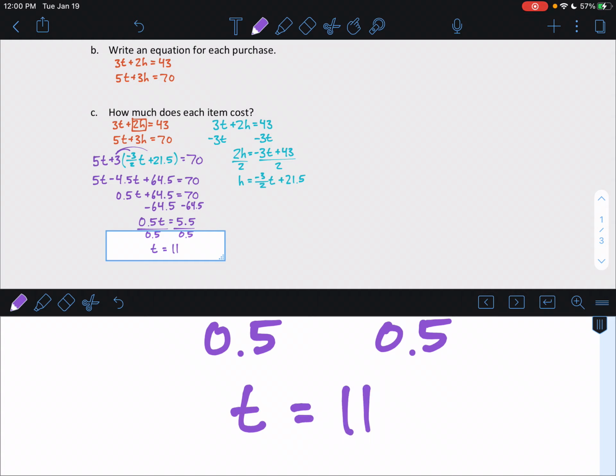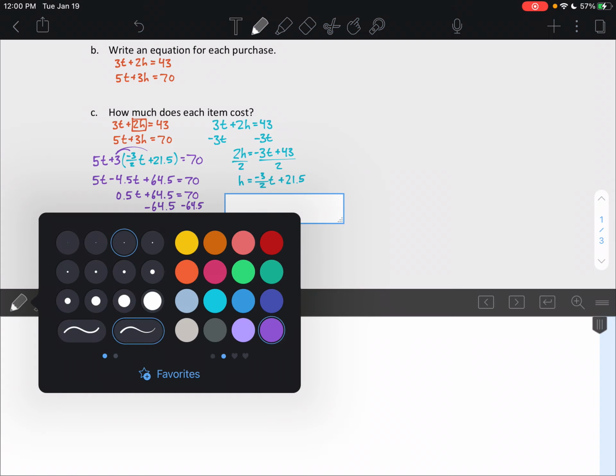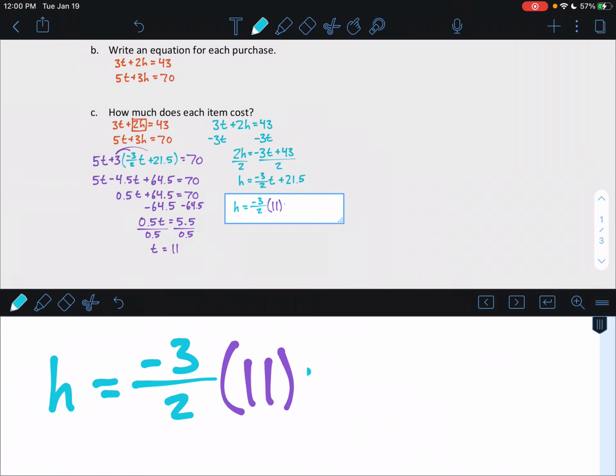So even though we had a bunch of decimals that we were working with throughout this problem, we got a whole numbered answer. So that's my value for t. Now I'm going to use that to solve for h. So we have h equals negative 3 halves times t, but t is 11, plus 21.5. So again, negative 3 halves is negative 1.5, and negative 1.5 times 11, doing that in my calculator right now, is negative 16.5.